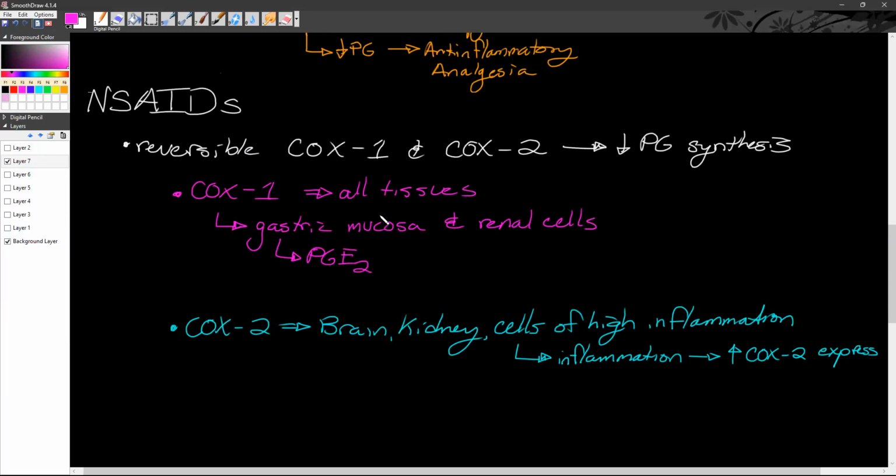And we talked about this a little bit before, but the role of PGE2 is to decrease acid production and increase mucus secretion.